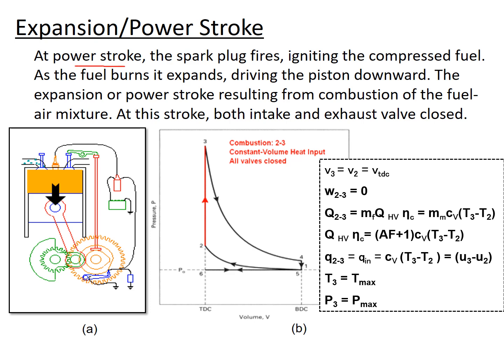When ignition starts, this is the power stroke, 2 to 3. The spark plug fires, igniting the compressed fuel, and as the fuel burns, it drives the piston downwards. At this stroke, both intake and exhaust valves are closed, but the piston is going down.